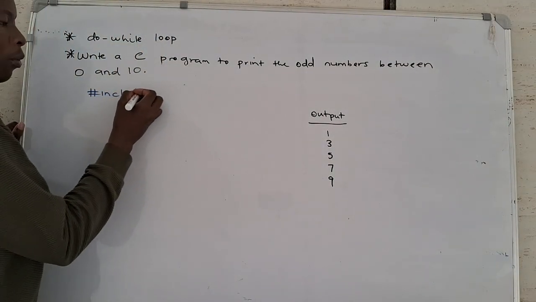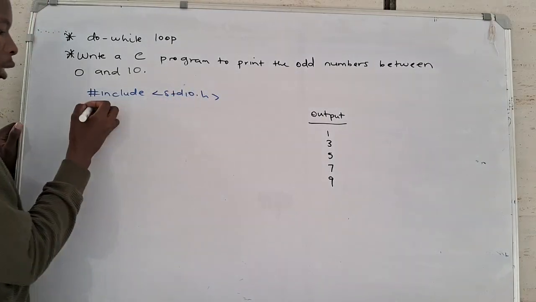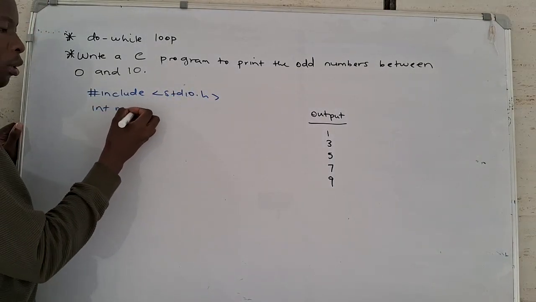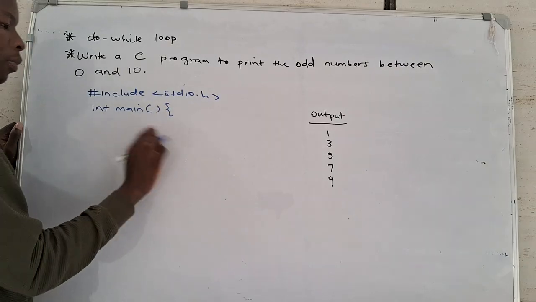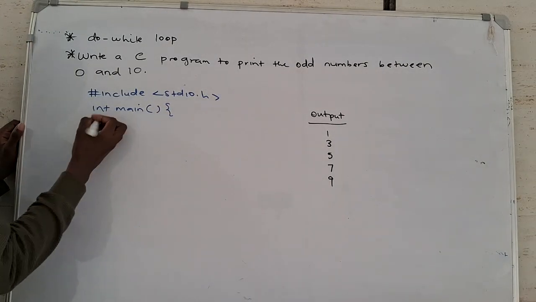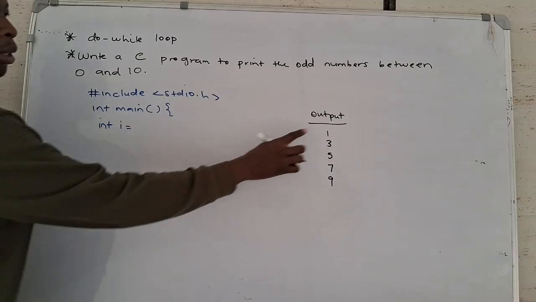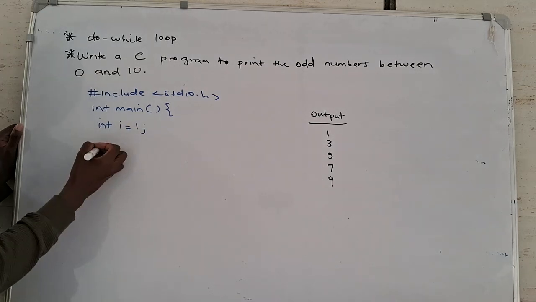#include <stdio.h>, int main. After this, I'm going to write int I is equal to 1.